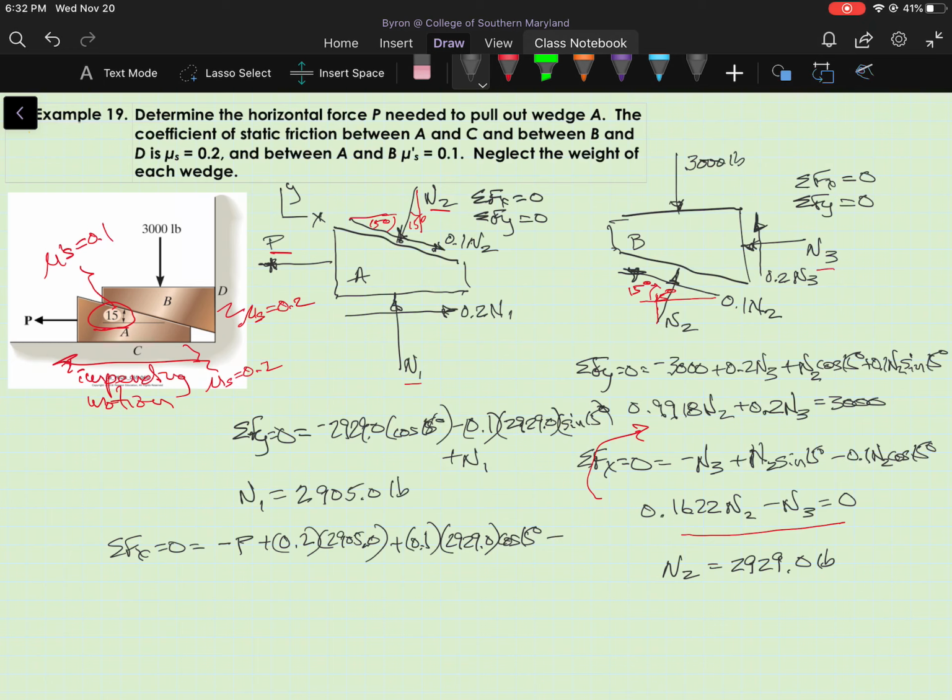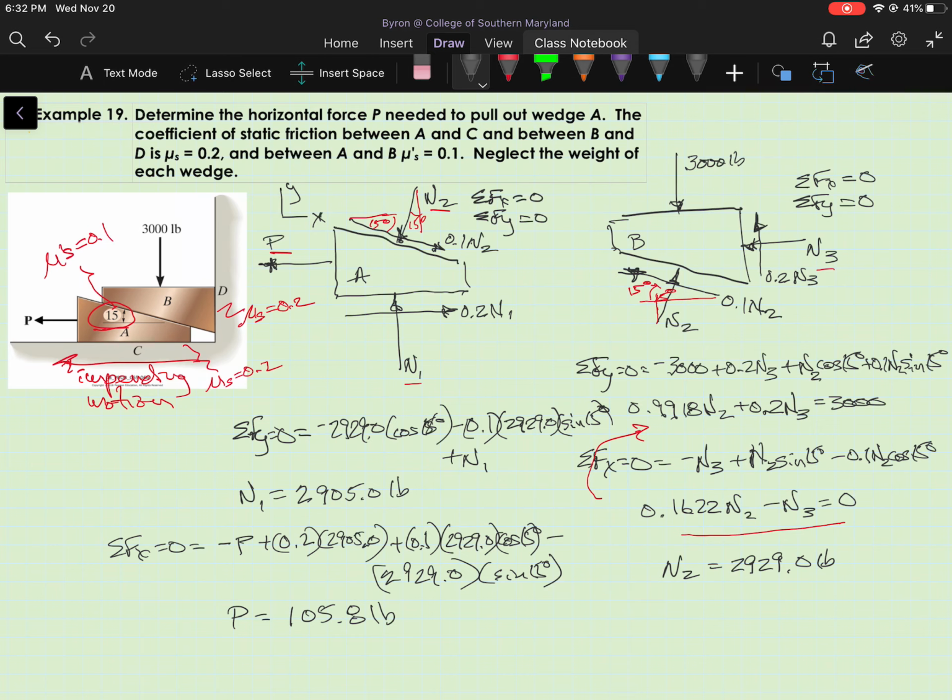Okay, so I'll put it on the next line here. Minus, I have n sub 2 times the sine of 15 in the y direction, and n sub 2 is 2929.0 times the sine of 15 degrees, and I just have the single unknown P, and when I simplify all that, I have P equals 105.8 pounds.